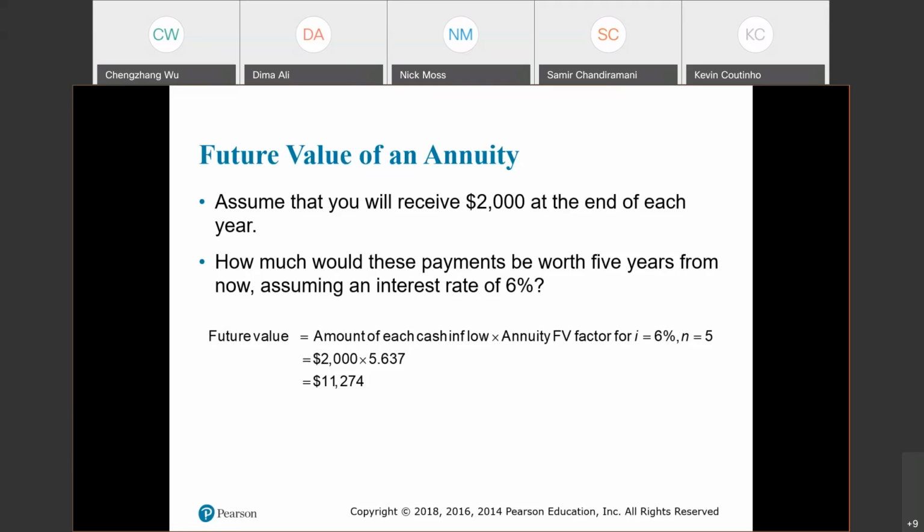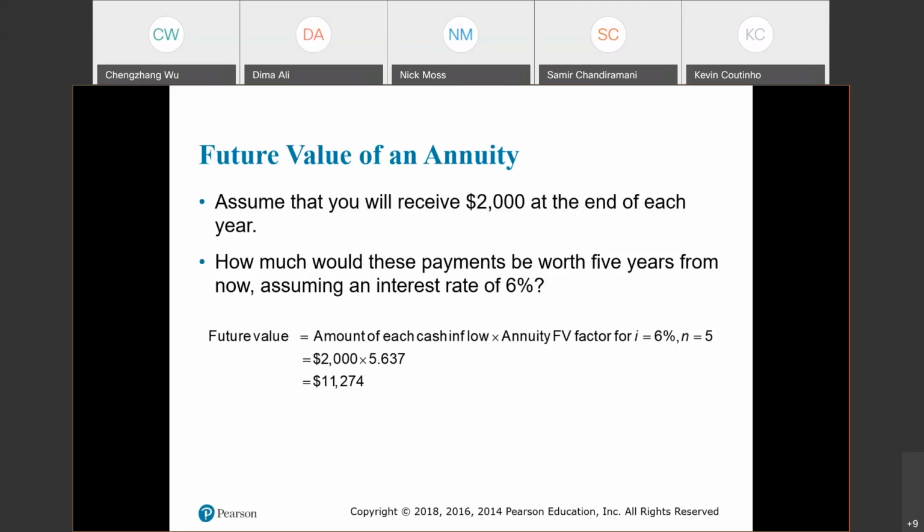So now I'm going to ask you, how much would you have to invest today to receive these payments, assuming an interest rate of 6%?